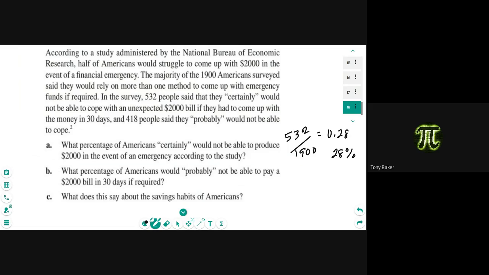What percentage of Americans would probably not be able to pay a $2,000 bill in 30 days if required? What is it? How'd you get it? Which number did you get? 0.22, or 22%.